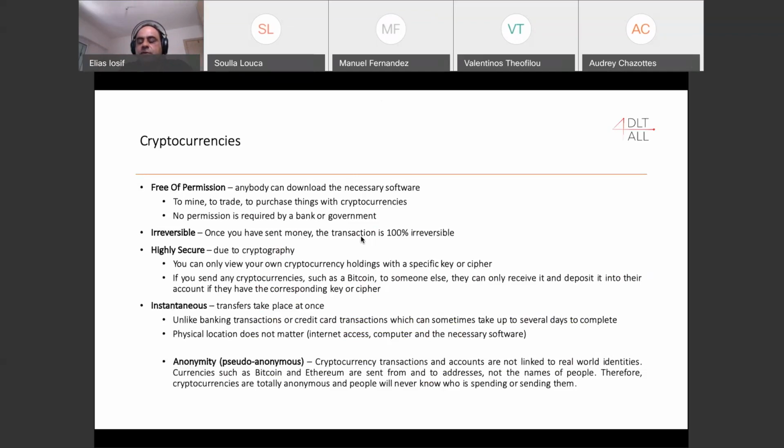For the case of Bitcoin, this time is 10 minutes on average. Things are faster for the case of Ethereum, and there is a satisfying degree of pseudo-anonymity, to put it correctly.